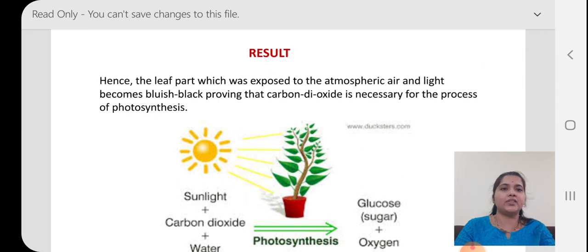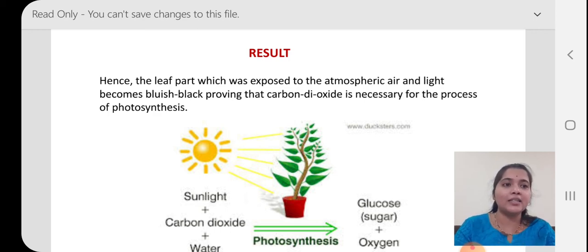Final one is result. Hence the leaf part which was exposed to the atmospheric air and light becomes bluish black, proving that carbon dioxide is necessary for the process of photosynthesis. The leaf which is inside the bottle will not change its color. It will never become blue-black, because carbon dioxide is not there.